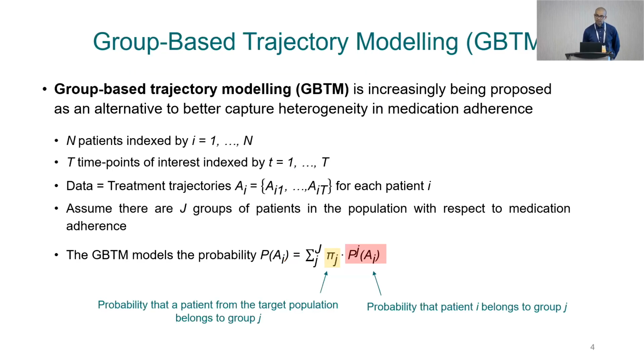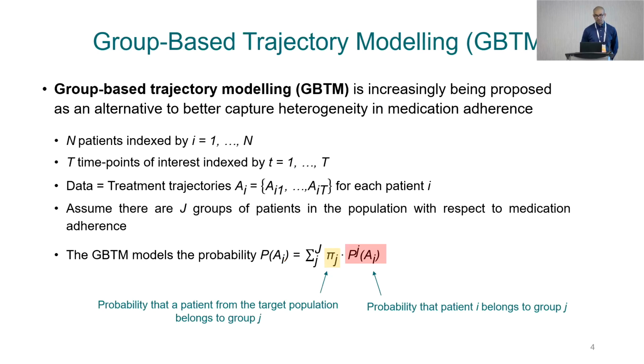So instead of the PDC, group-based trajectory modeling, or GBTM, is increasingly being proposed as an alternative to better capture the heterogeneity. And so I'll give you a little bit of the formalism. Essentially, it's a finite mixture model.